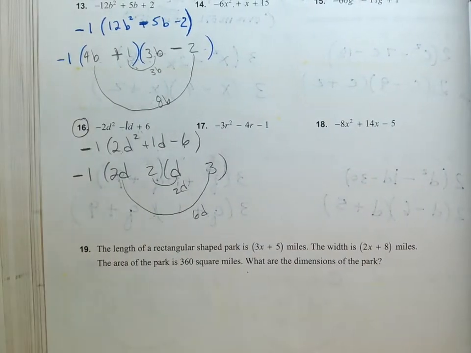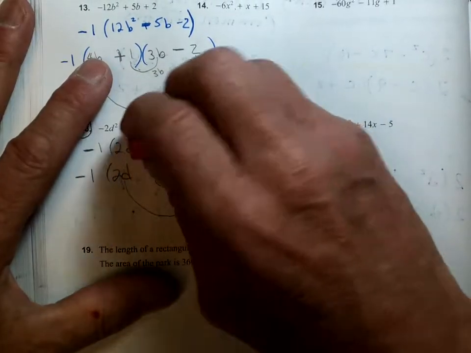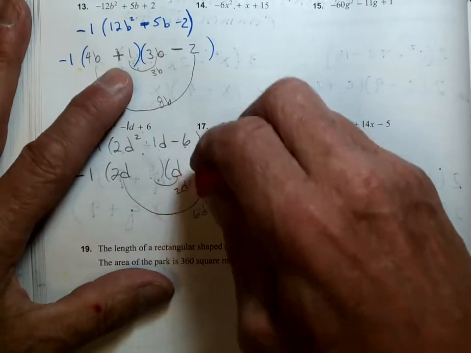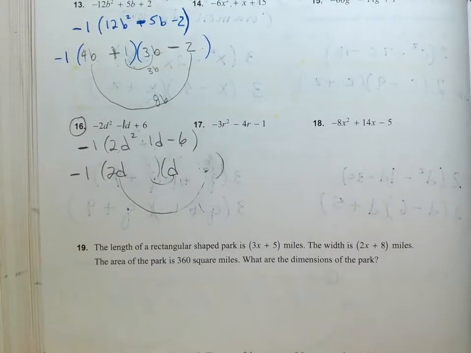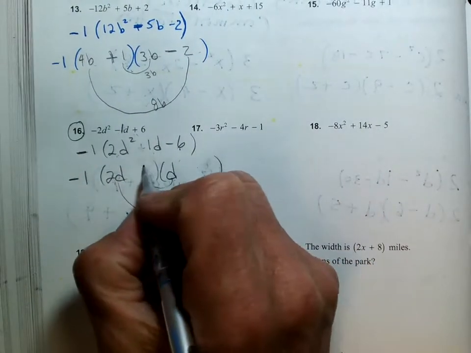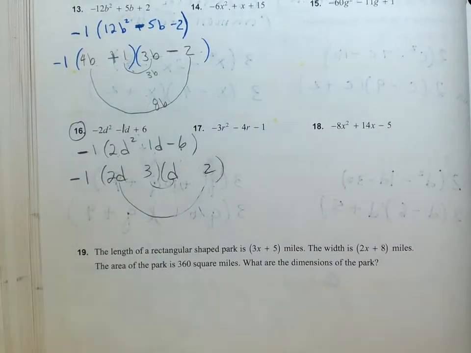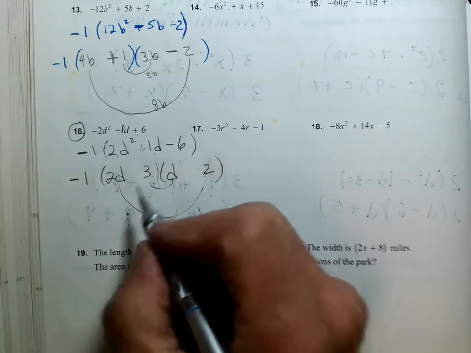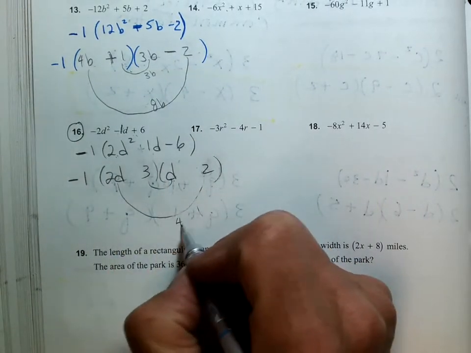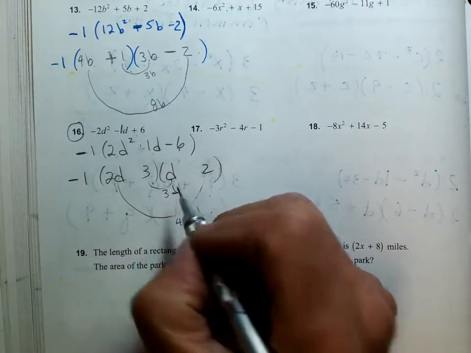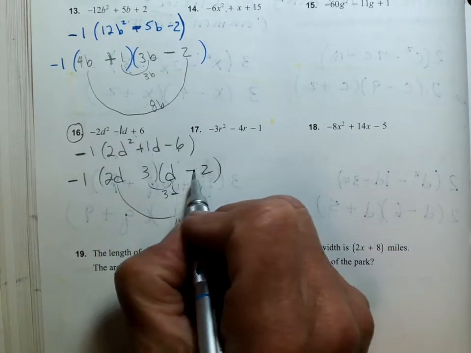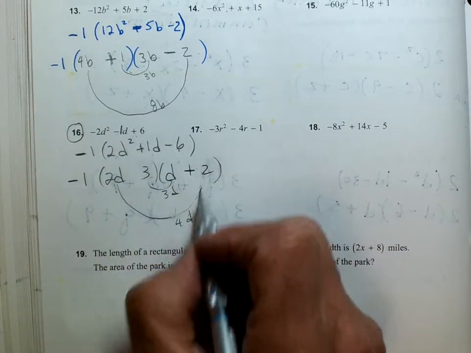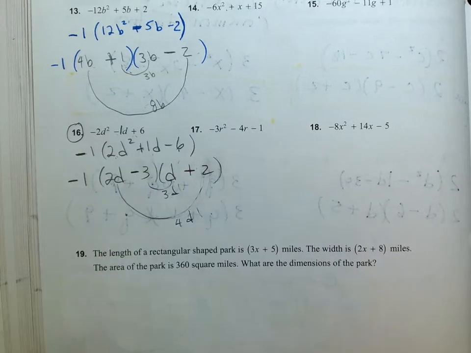I have to erase and change it around because that isn't going to work. So I got to do now a 3 and a 2, right? Now I'm going to get a 4d and a 3d. And if I need a positive 1d, I better make that a positive 4 and a negative 1.